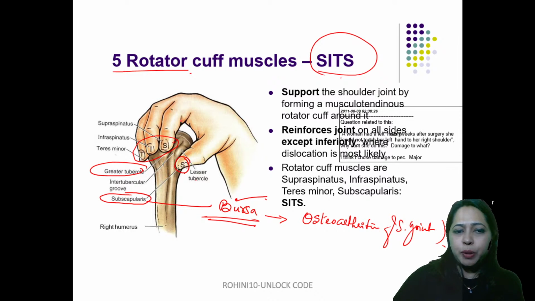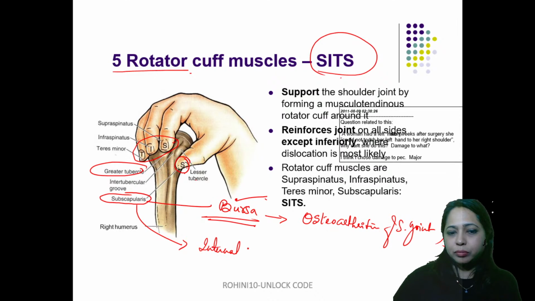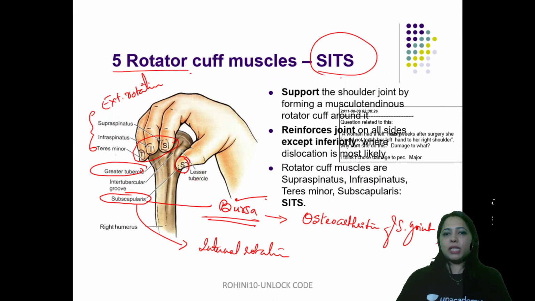Now you should remember subscapularis helps in internal rotation, whereas all the other muscles help in external rotation. Okay, SITS muscles.